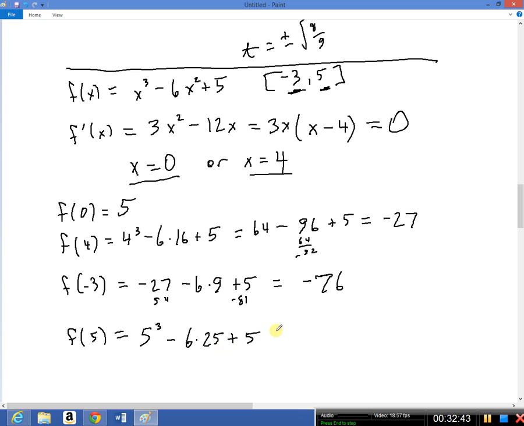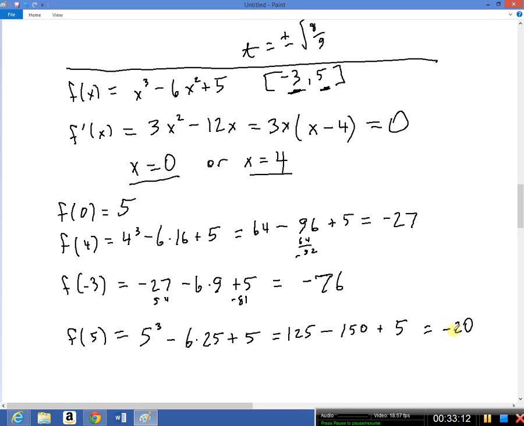This is 125 minus 6 times 25, that would be 150, plus 5. And that's going to be minus 25 plus 5, which is minus 20. Okay, you can see why I'm not a big fan of these problems, a lot of arithmetic.